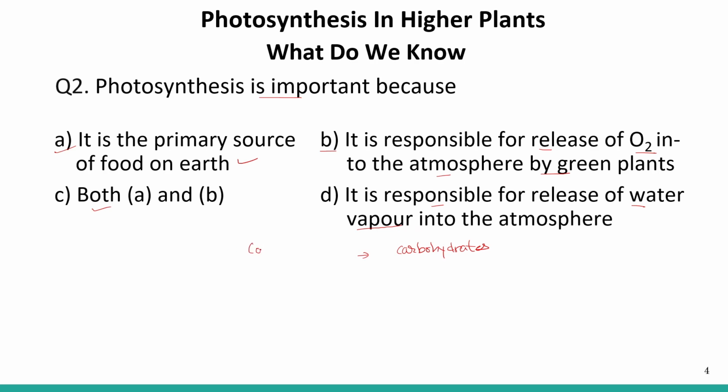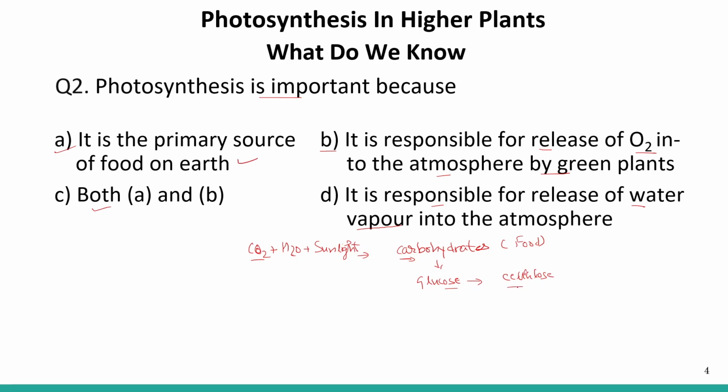So what happens during photosynthesis? Carbon dioxide, water and sunlight are used, and carbon dioxide is fixed into carbohydrate, which means this is the source of food. Carbohydrates such as glucose are produced, and the glucose can be further converted into cellulose.